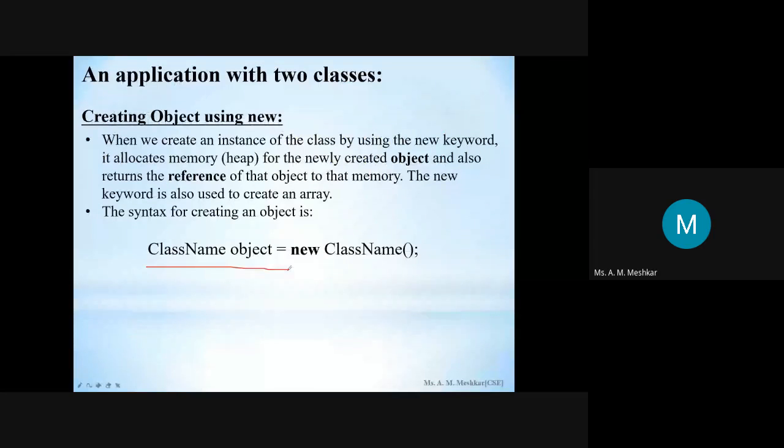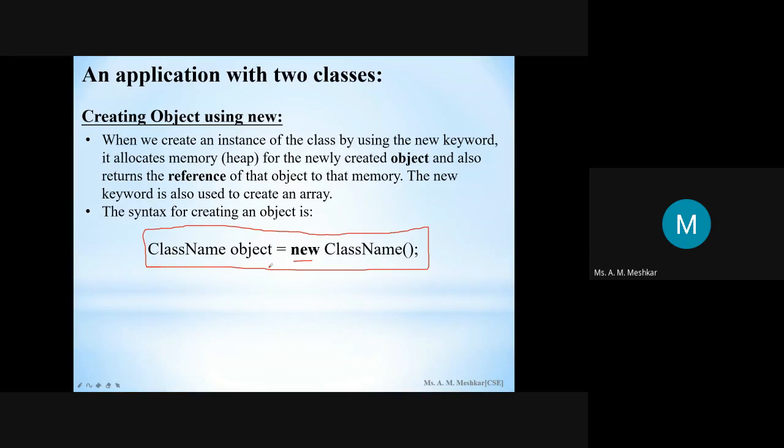We have studied the concept of how we create an instance of an object using new in Java, where the heap memory is located. Okay, so your object is actually getting stored inside the heap memory locations in Java, because in Java we don't use pointers.